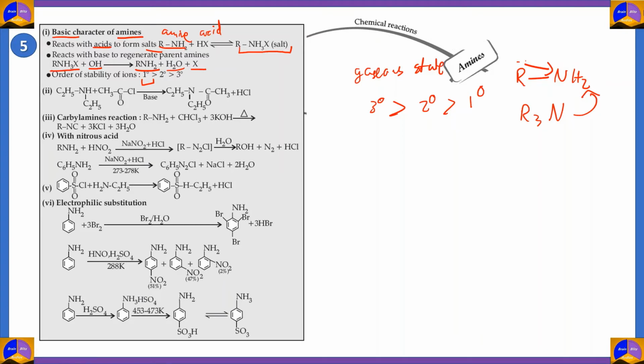Now, the next reaction is the acylation reaction. Here we have an amine, C2H5NHC2H5. This is a secondary amine because it has two R groups and one H. This is known as N-ethyl ethanamine.